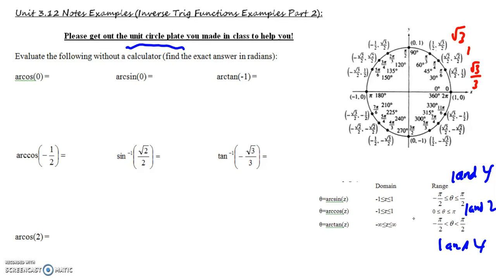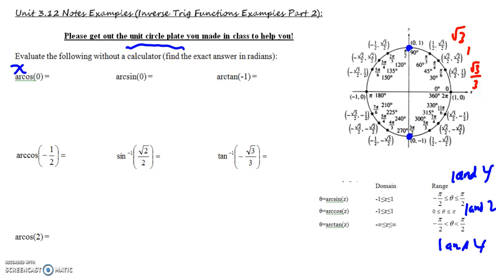So if we looked at the first example, arc cosine of 0, remember, with arc cosine you're plugging in a ratio and getting an angle. So we're looking for an angle where the cosine, or the x value, is 0. Let me look. The x values are 0 here and here.